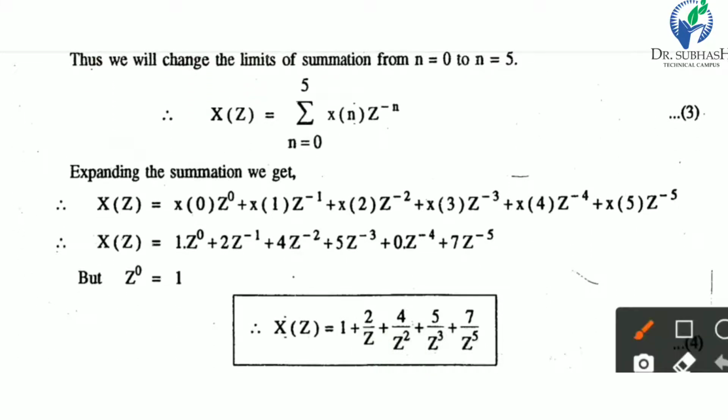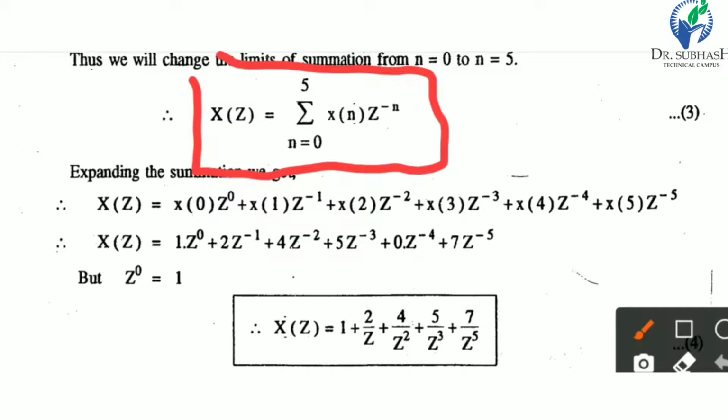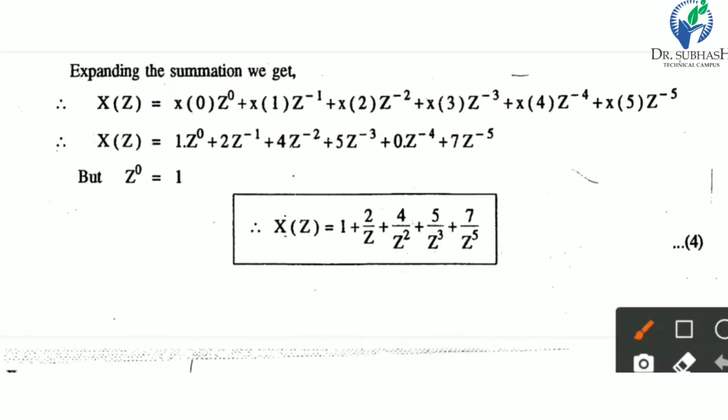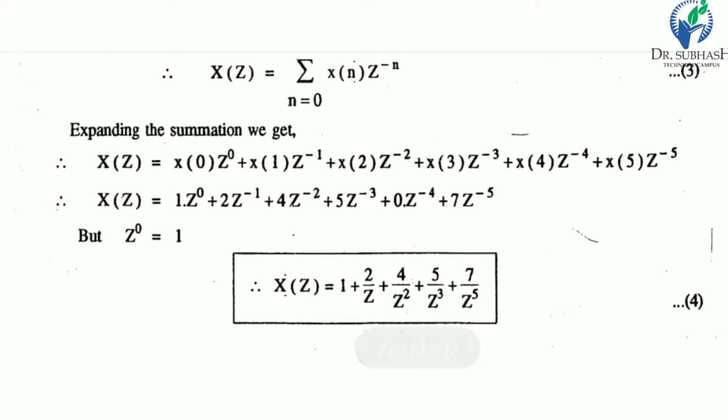So our equation becomes x of z equal to summation n equal to 0 to 5 x of n z raised to minus n. It is our definition of Z transform; we just put in our limits. So expanding the summation, we put first n equal to 0, then 1, then 2, then 3, then 4, then 5.